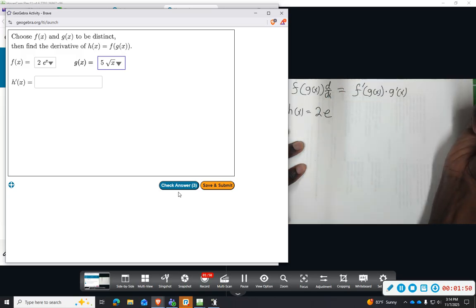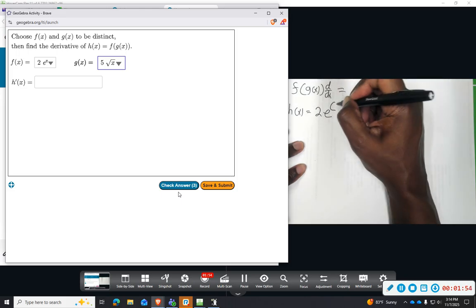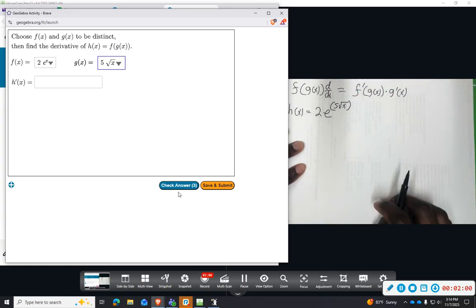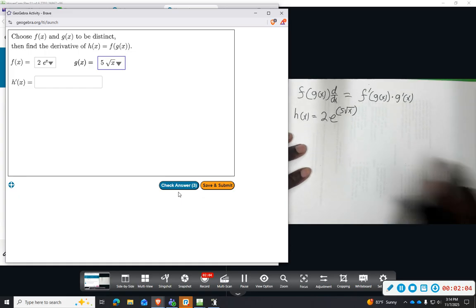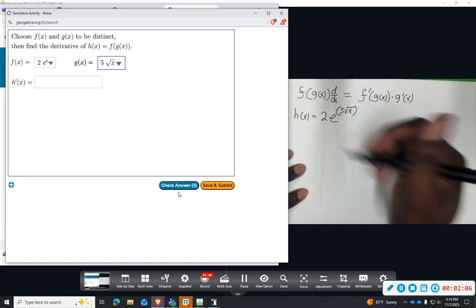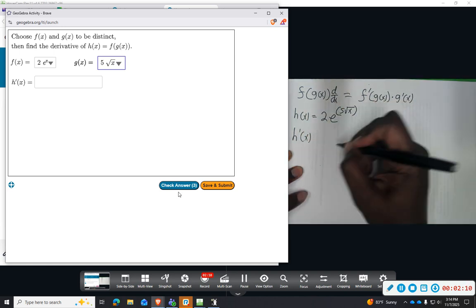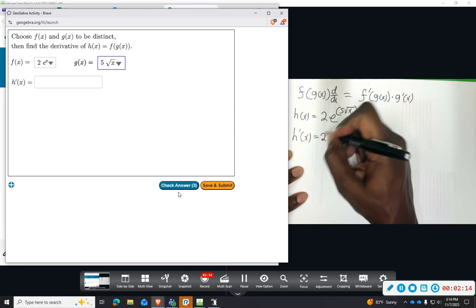Now in the place of x, I'm going to be plugging in another function, which is 5 times the square root of x. You can pick any function you want, okay? You can make it as easy or as challenging as you want, but the whole goal is to find the derivative. So h prime of x is going to be, so the 2 is just going to be a constant, just the 2 out front.